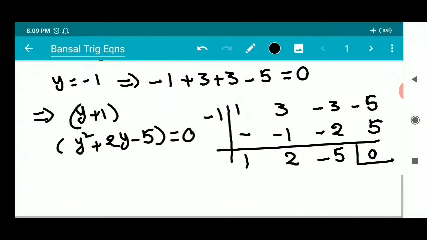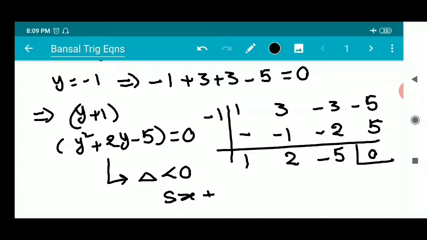But if you observe, this discriminant is less than 0, meaning the roots are imaginary. So sin x plus cos x cannot be imaginary, so the only possibility is sin x plus cos x is equal to minus 1.